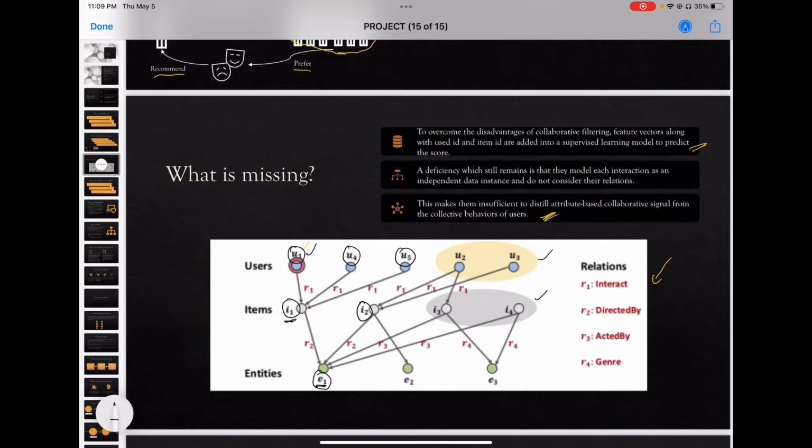However, existing supervised learning methods fail to unify them and cannot take into account the higher order connectivity, such as the users in yellow who watched other movies directed by the same person E1, which are I3 and I4, or the items in the gray circle, which are I3 and I4, that share other common relations with E1.